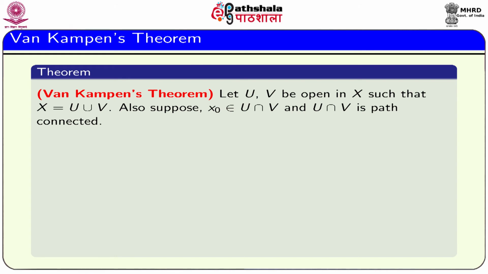Suppose X is a topological space and U, V are two open sets in X such that X can be expressed as the union of U and V. Also suppose that we take a point x0 from the intersection of U and V. U intersection V should be path connected.